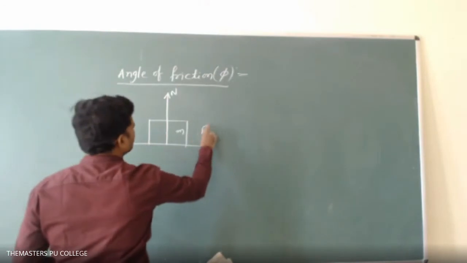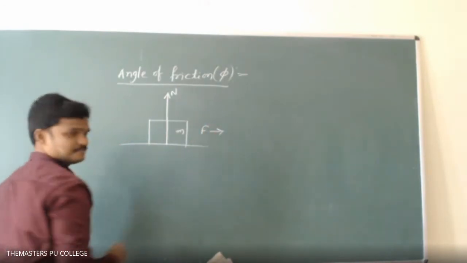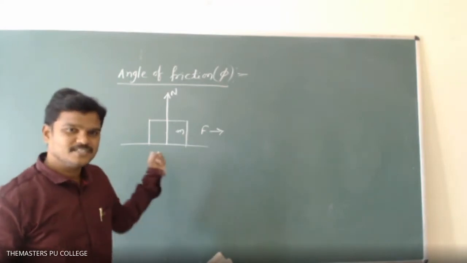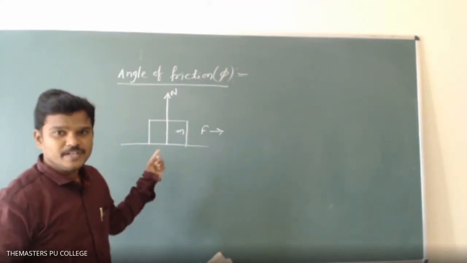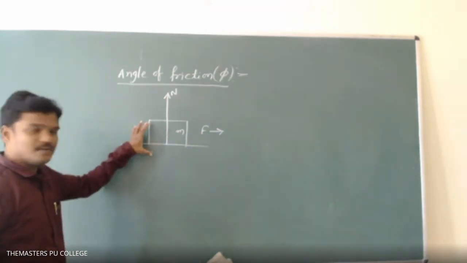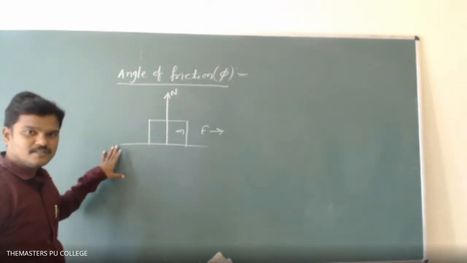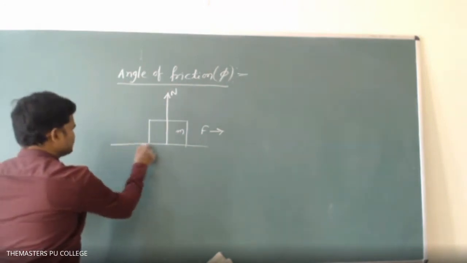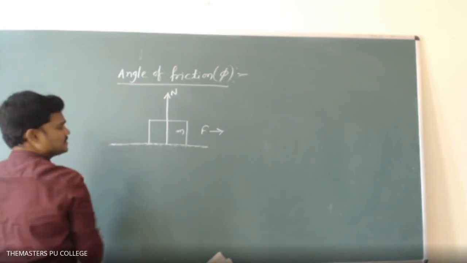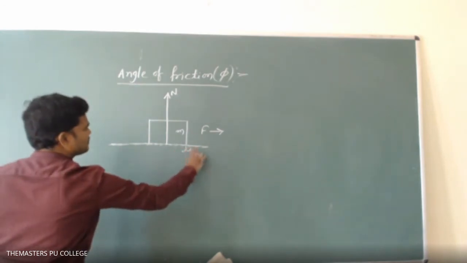If I apply a force in this direction, if it is a small, minimum force, will this block move? Consider a block of mass m placed on a rough horizontal surface. Rough means something new will be there.